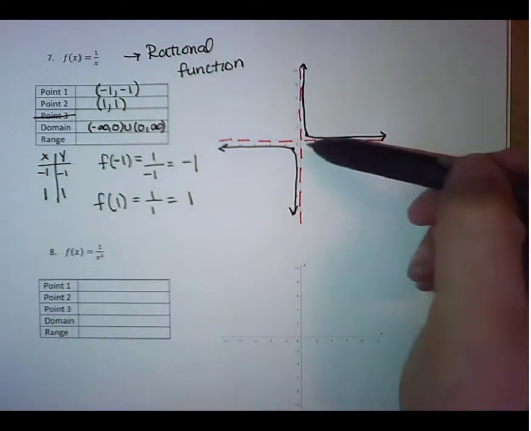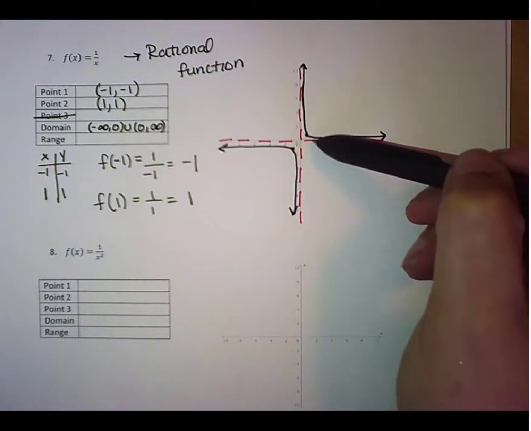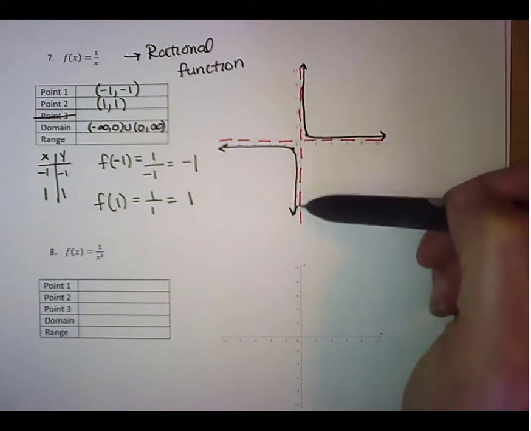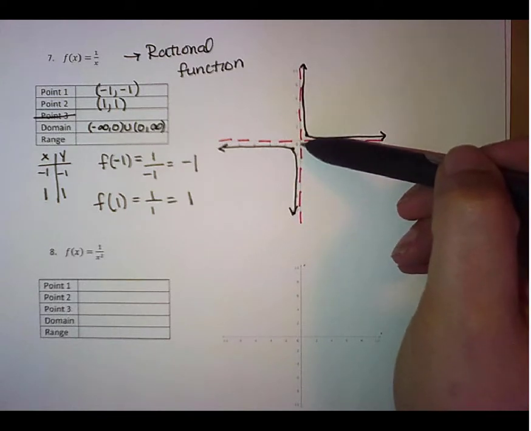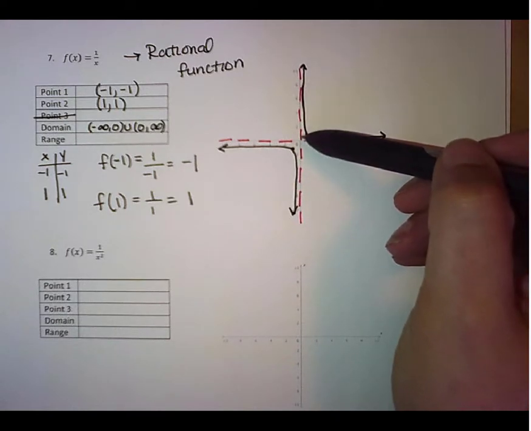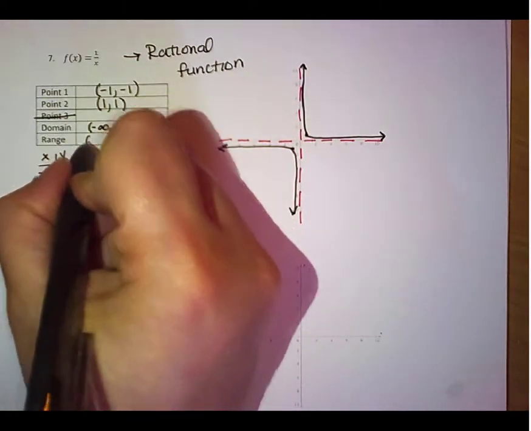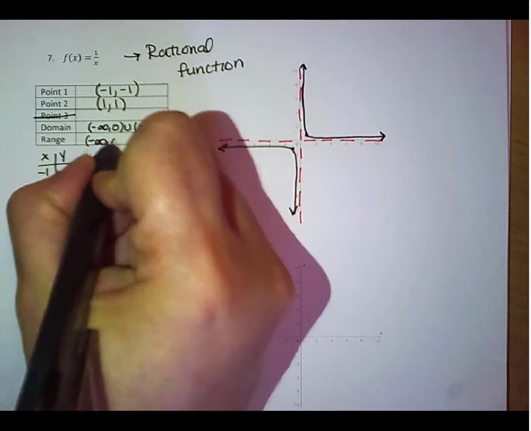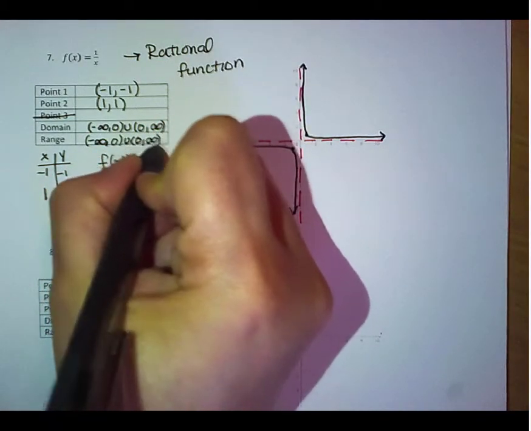So that's just basically skipping over that dashed line. The same thing happens for our range, because we can use all of these numbers coming up to 0, but we have to jump over 0 and then we can go to all of the positive values. So it actually looks exactly the same. It goes from -infinity to 0, unioned with 0 to infinity.